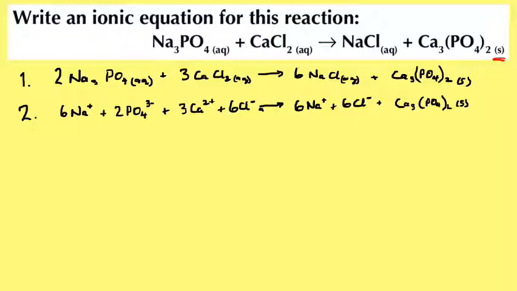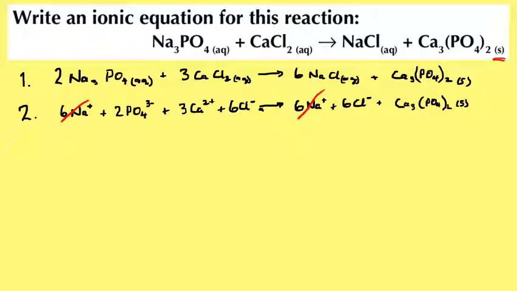And what of course we need to do now is cross out the ions that appear on both sides of the equation, i.e. those that don't take part in the reaction. And so let me switch to red. So you can see we've got 6 sodiums on the left and 6 sodiums on the right, so we'll cross the sodiums out. The 2 phosphates are in aqueous solution on the left, but they're combined with the calcium to make calcium phosphate on the right. So they do change.